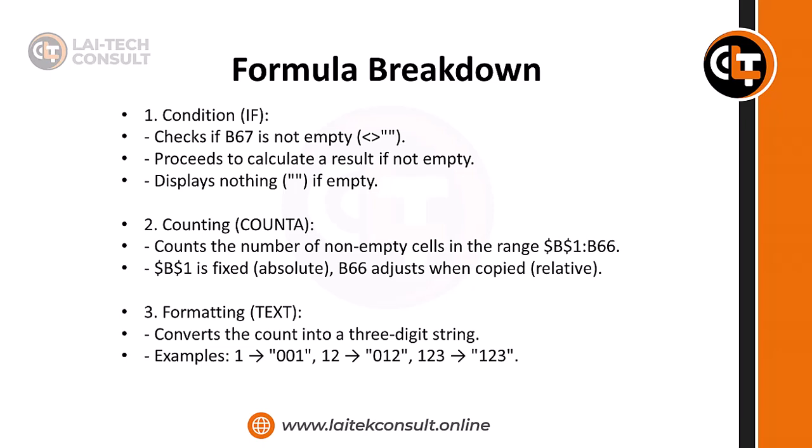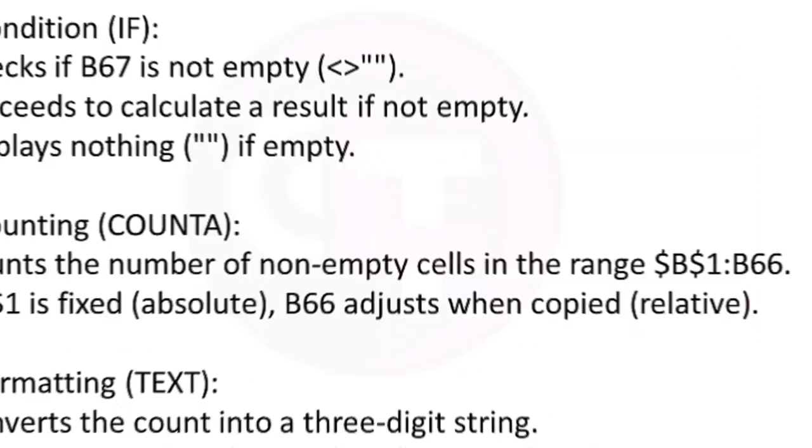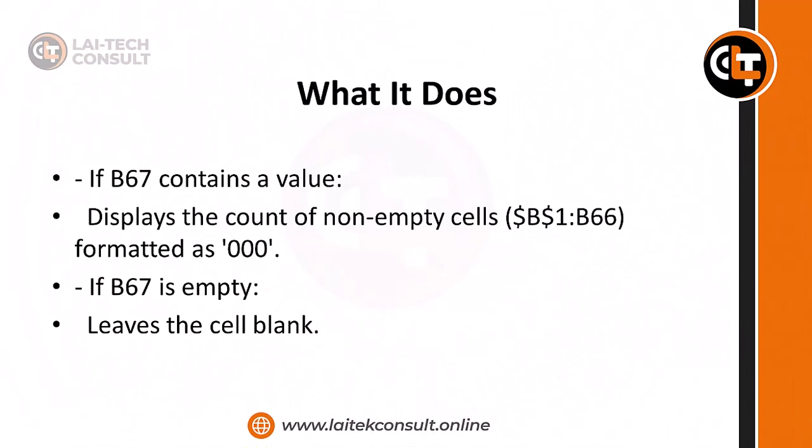Now we have the third one, which is the formatting, which uses the TEXT function. This function makes sure that your numbering will be formatted into a 3-digit string: 001, 002, 003, and so on and so forth. Now, what this formula does is that if B67 contains a value, as I said, the count is going to count the range that has non-empty cells.